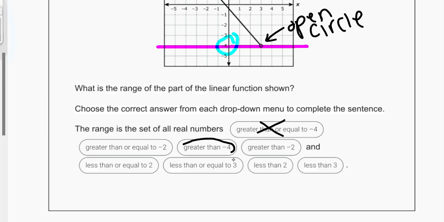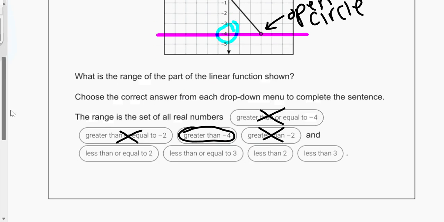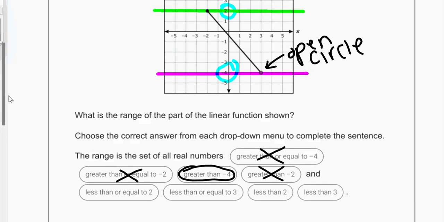We want greater than -4, okay? And then we also need them to be less than 2. So it's between -4 and 2.